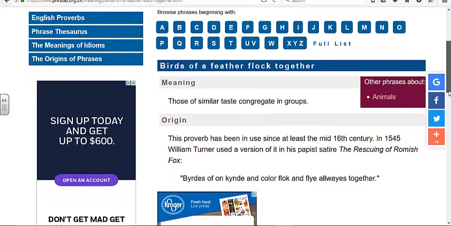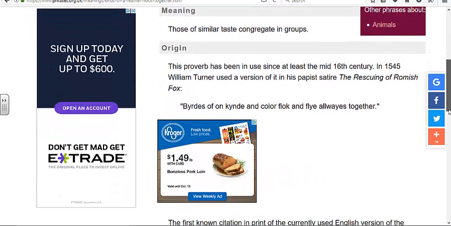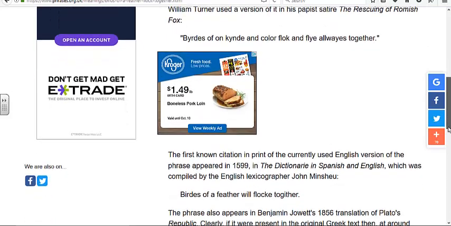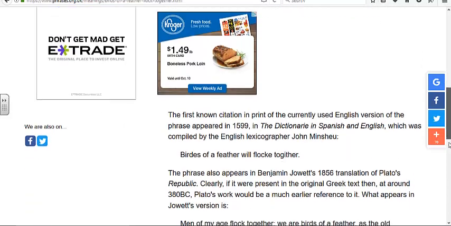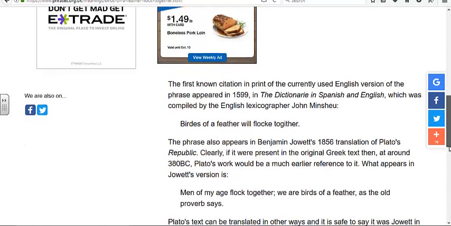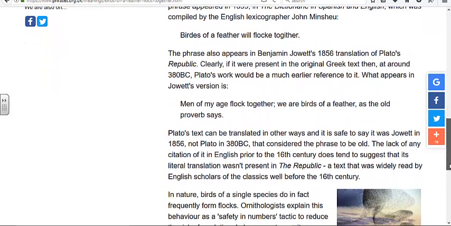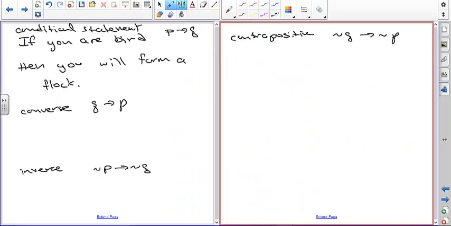Birds of one kind and color flock and fly always together. First known citation in print is from some dictionary. Birds of a feather will flock together. Men of my age flock together. We are birds of a feather, as the old proverb says. So there you go.